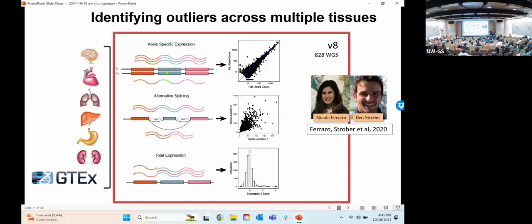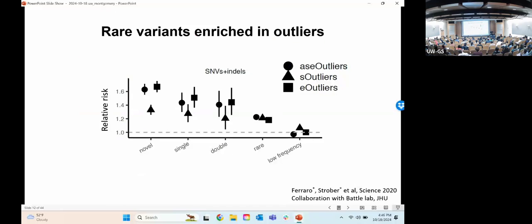So we can say, is someone using this junction in a particular way that we don't see it used that often compared to anyone else in the data set? And at the top, we can also look at allele-specific expression. This is a property of sequencing data, whereas if you're sequencing over a heterozygous site, you can count the number of reads that are assigned to one allele versus the other, and you can look for extreme deviation from expectation that way as well.